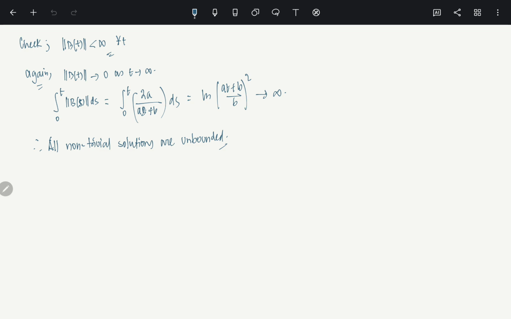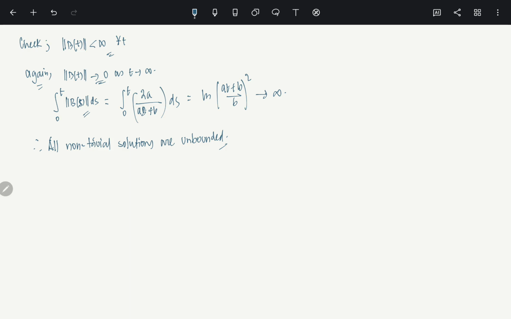But for B(t), the norm of B(s) is 2a by (2s plus b), which goes to 0 as s goes to infinity. But if you take the integral from 0 to t of 2a by (as plus b) ds, that becomes the log of this square, which goes to infinity. So basically all non-trivial solutions are going to be unbounded.